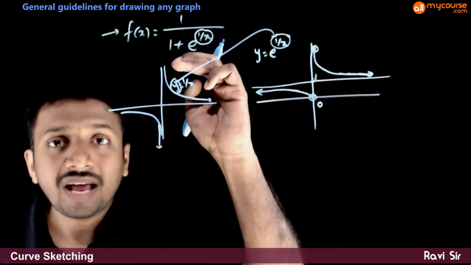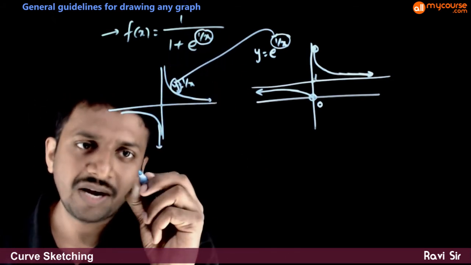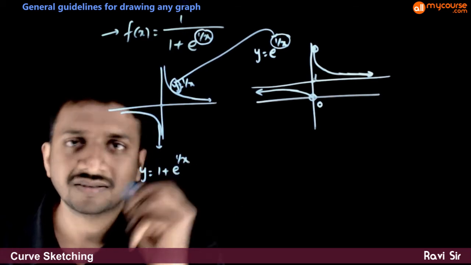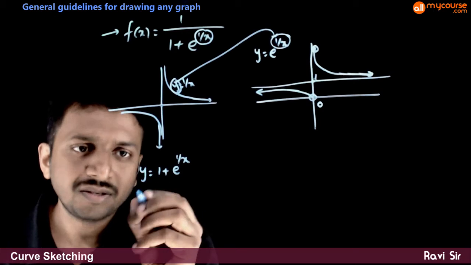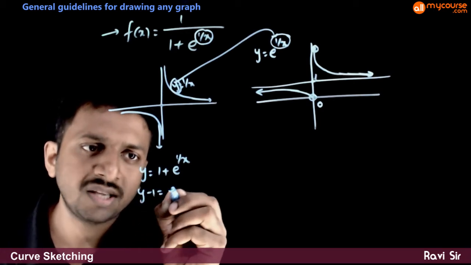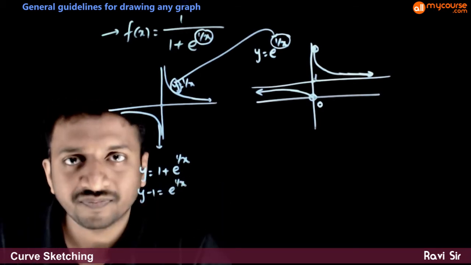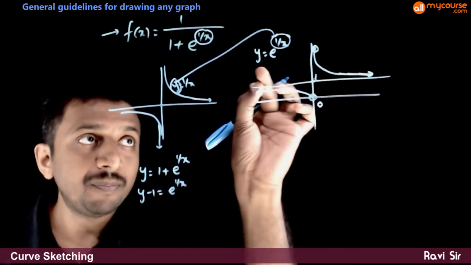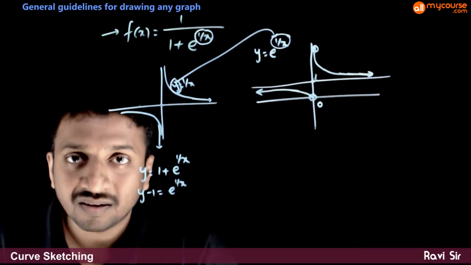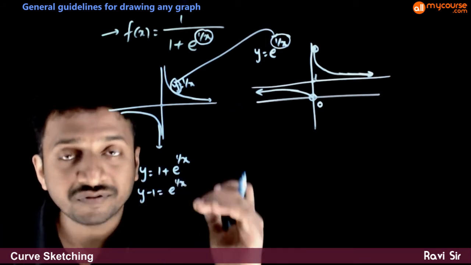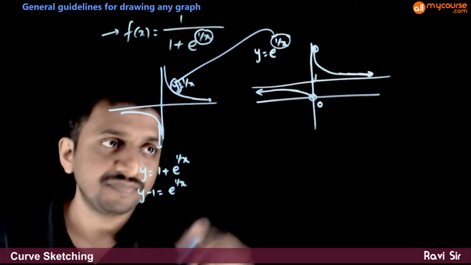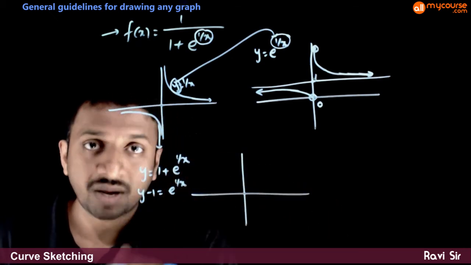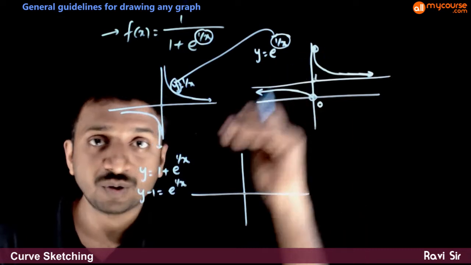Now you have to add 1 to this. Let us go to y is equal to 1 plus e power 1 by x. This is the same as y minus 1 is equal to e power 1 by x. You know the graph of this. Now in the place of y you have y minus 1. That means, as we have seen, the graph moves upward by 1 unit.